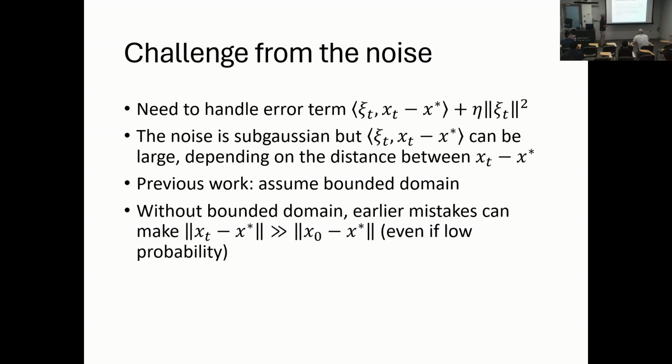Now, if you don't have the bounded domain, then one issue that could happen is that even though you could start out near the optimal solution, if you make a few mistakes earlier on, your solution could move slightly further away. So a priori, there's no bound. Even if this happened with only a low probability, we do need to take care of it because we care about high probability. So we really might encounter the case where you are unlucky for the first few steps.